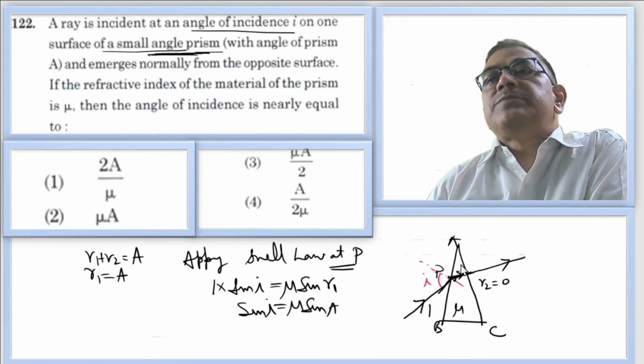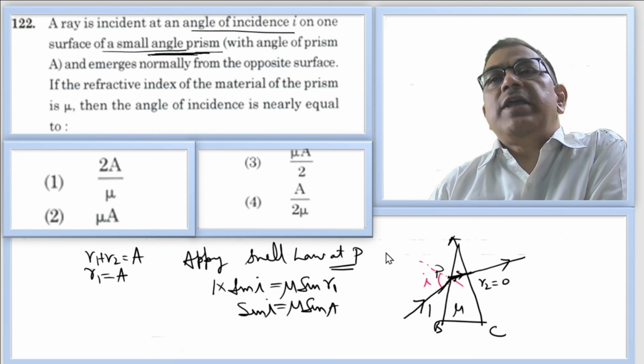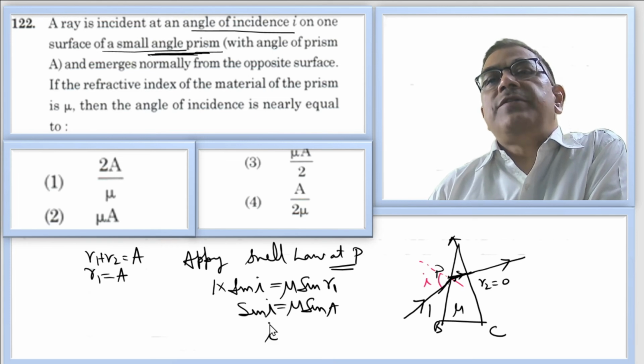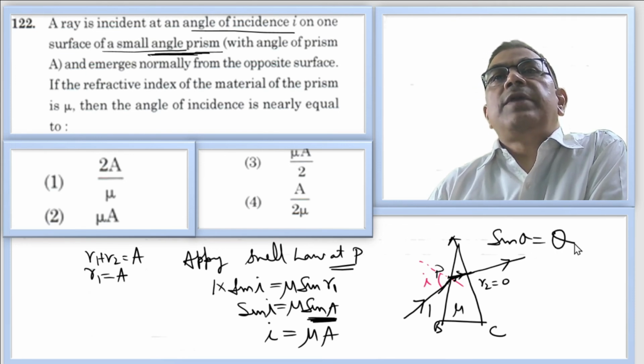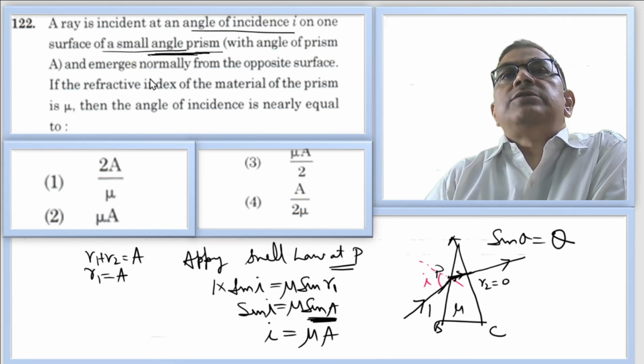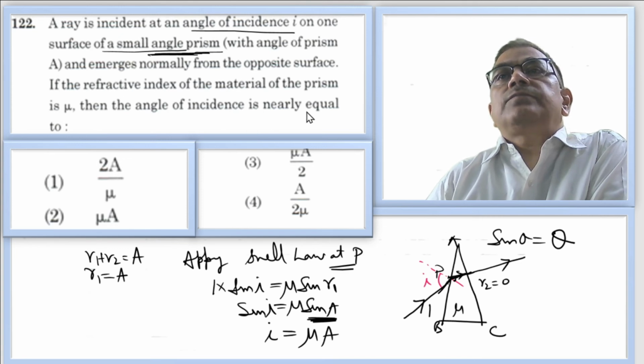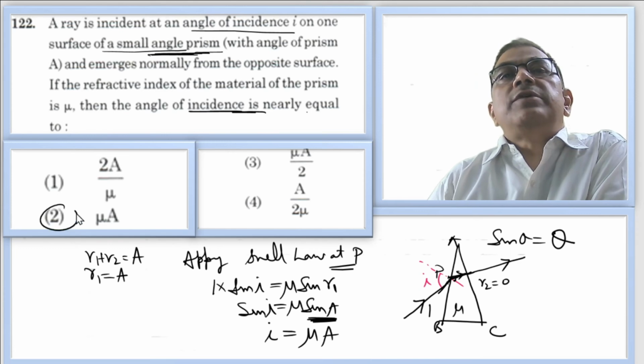For a thin prism, A is small, I is also taken to be small. So we'll end up with the result I is equal to mu times A. For small angles, sine theta is equal to theta. Then the angle of incidence is nearly equal to how much? Mu times A. So this is the correct option.